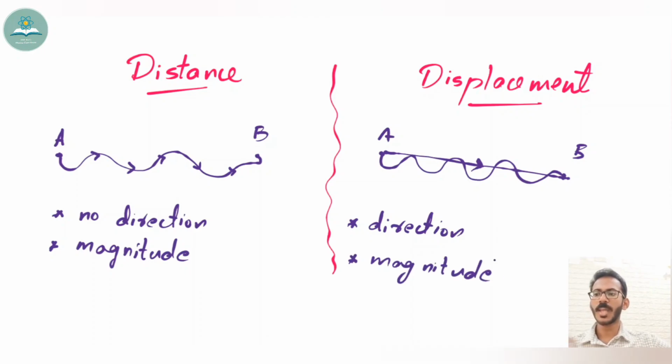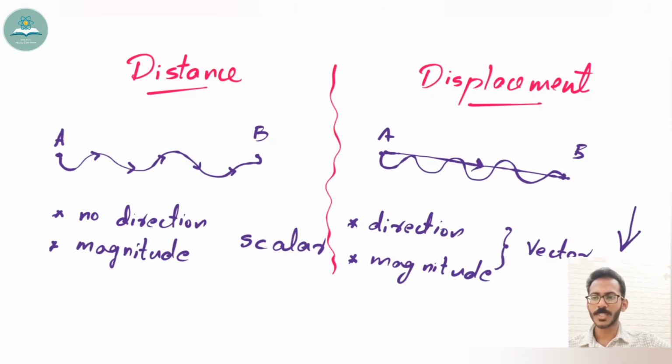Since direction and magnitude are there, displacement is a vector quantity. Since there is no direction in the case of distance, this is called a scalar quantity. See, look here. Vector starts with V, which is like an arrow.